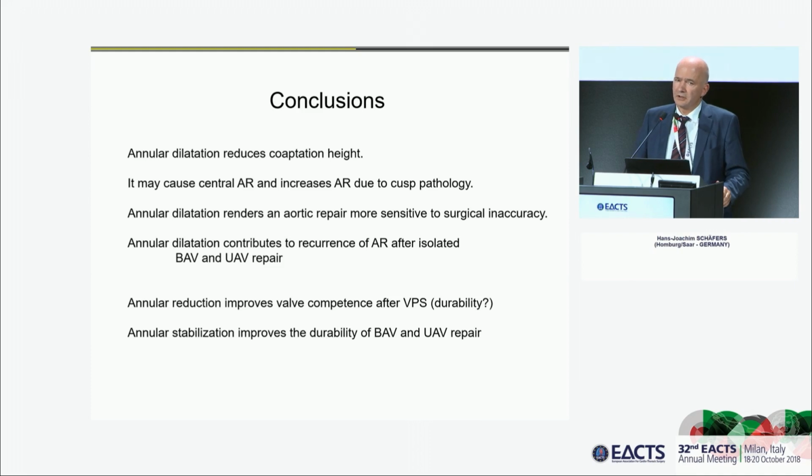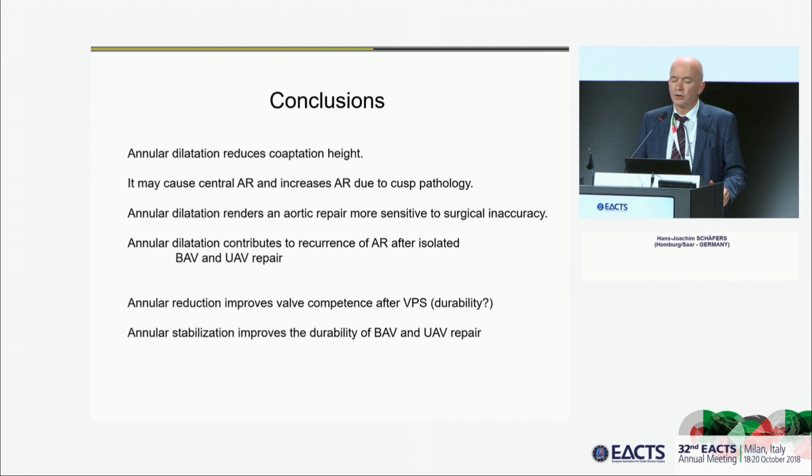In other terms, if we do an operation, this means that annular dilatation makes the repair result more sensitive to surgical inaccuracy. If we do a perfect repair, maybe the annuloplasty is not so important. Perfection, on the other hand, is very difficult to achieve.